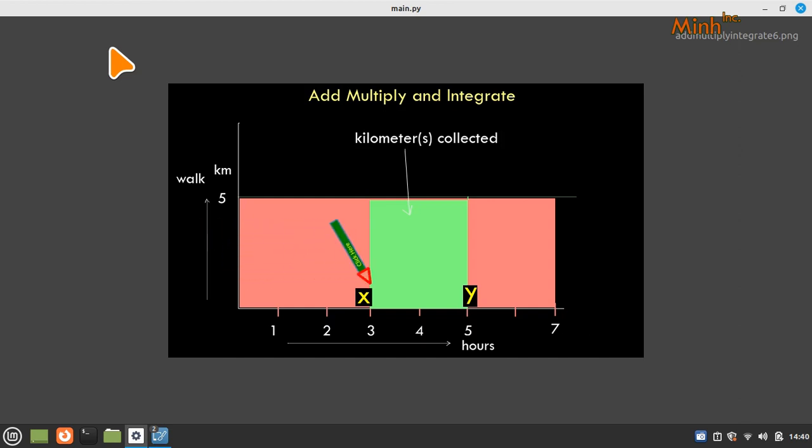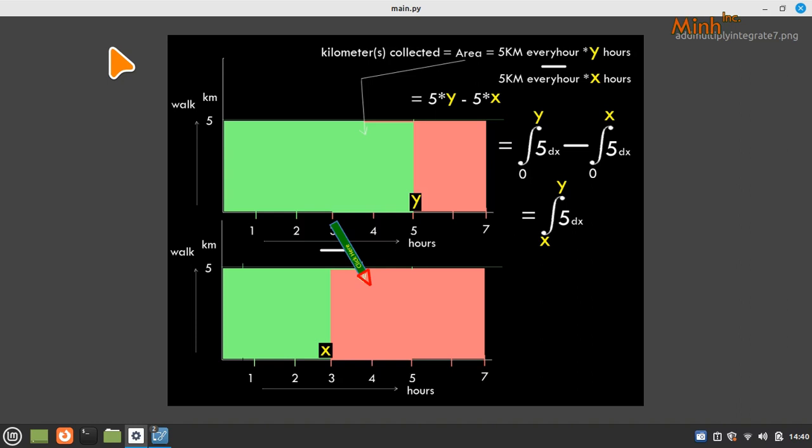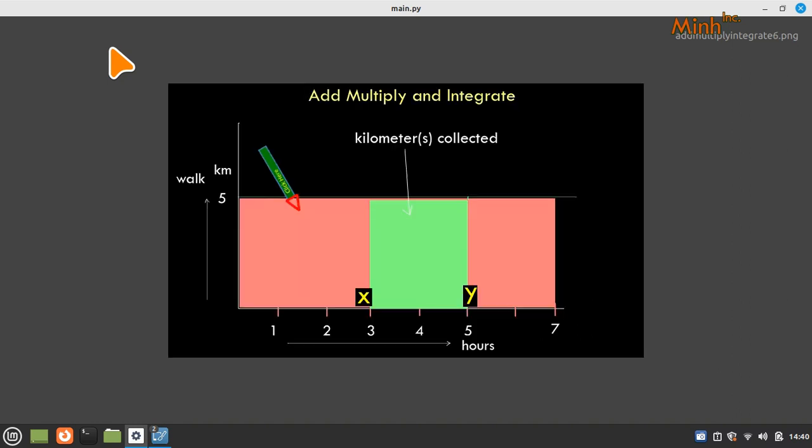So 5y minus 5x, same thing. The first is the bigger area, the next is the smaller area. If I subtract these two areas, it leads to this area. So this much he walked between y and x.